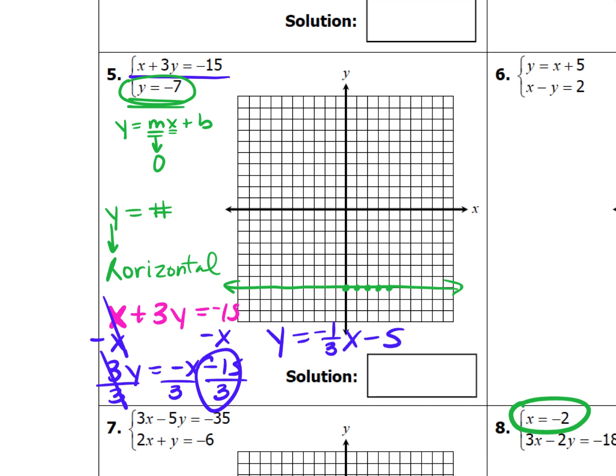Okay, see if you can graph that. Y equals -1/3 x minus 5.